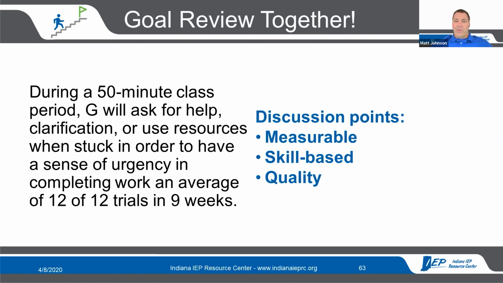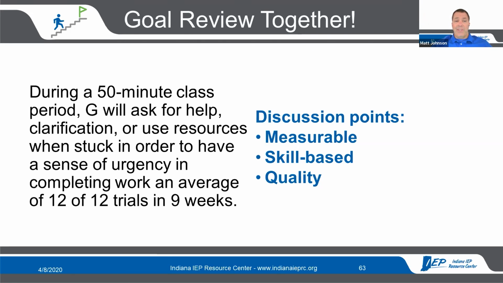So when we look at this goal, in order for it to be measurable, we need to be focusing on this individual skill. You see the "or" in here kind of gives us a problem. We'll ask for help, clarification, or use resources. So there's a bunch of things going on here. And "during a 50-minute class period" kind of limits us a little bit. Which class periods?